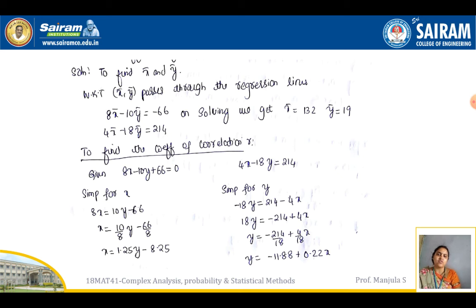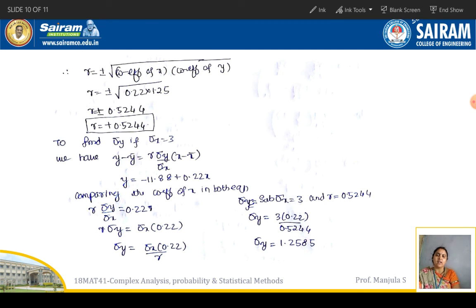Solve this equation for y, so it reduces to y equals minus 11.88 plus 0.22x. Now we have two regression equations, one is x on y and the other is y on x. Taking the coefficient of x and coefficient of y, we get 0.22 and 1.25.